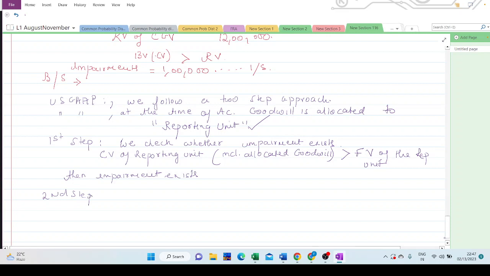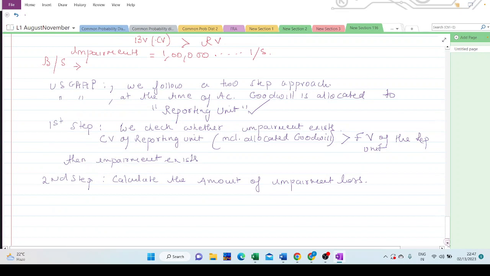And in the second step, please note, once it has been established that impairment exists, the loss is measured. So in the second step, we calculate the amount of impairment loss. ये तो कुछ देखा देखा सा लग रहा है। ये वही है, सेम अपना एसेट इम्पेयरमेंट जैसा ही है इन लेवल 1.